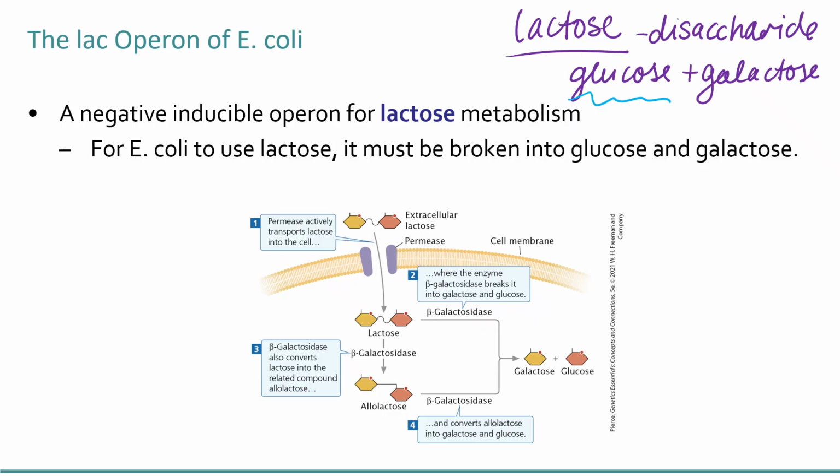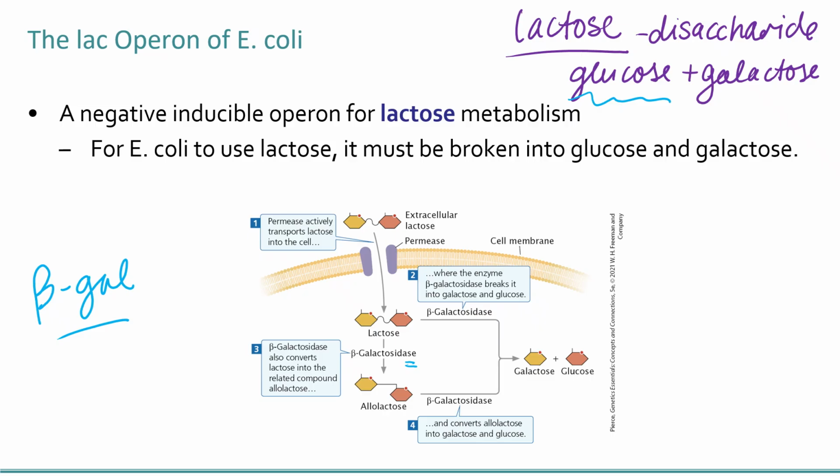The first thing that happens is an enzyme called beta-galactosidase. We're going to call it BGAL for short. Beta-galactosidase is an enzyme because we've got that ase at the end. We know it's doing something in the cell. It converts lactose into a quick intermediate. And it can go either way.